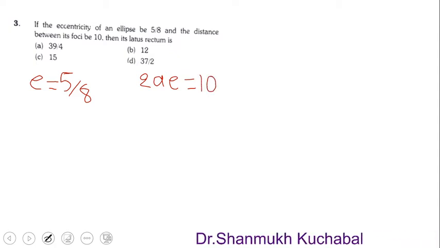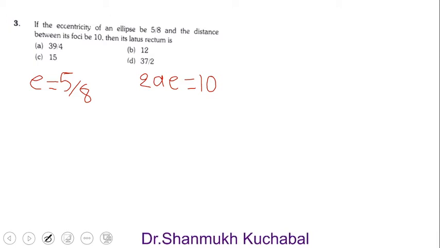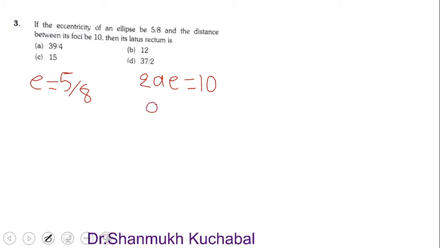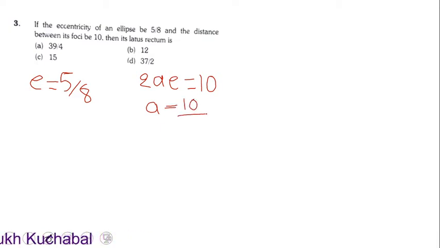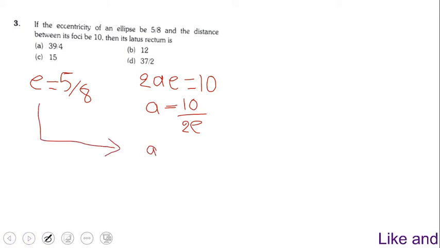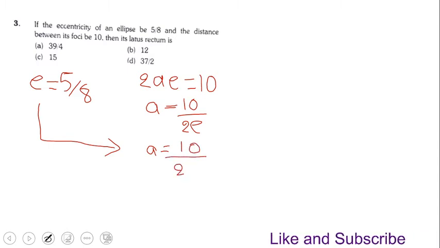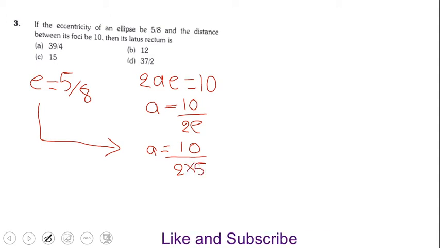Further, I write the solution for A from the second equation. So A equal to 10 divided by 2 times E. I substitute the value, so A equals 10 divided by 2 into E, where E is 5 divided by 8.